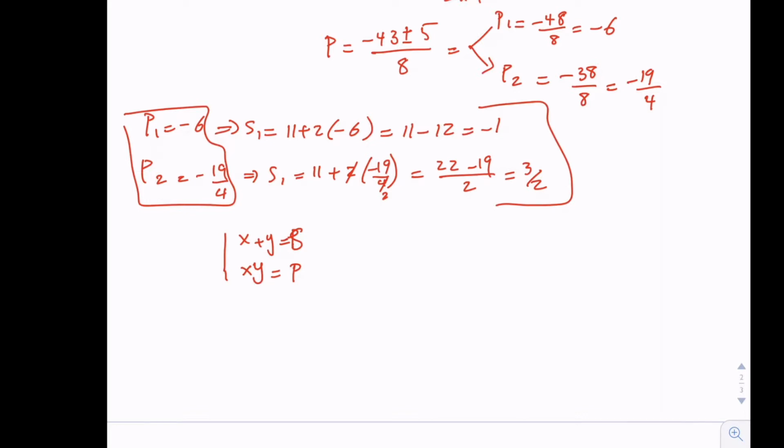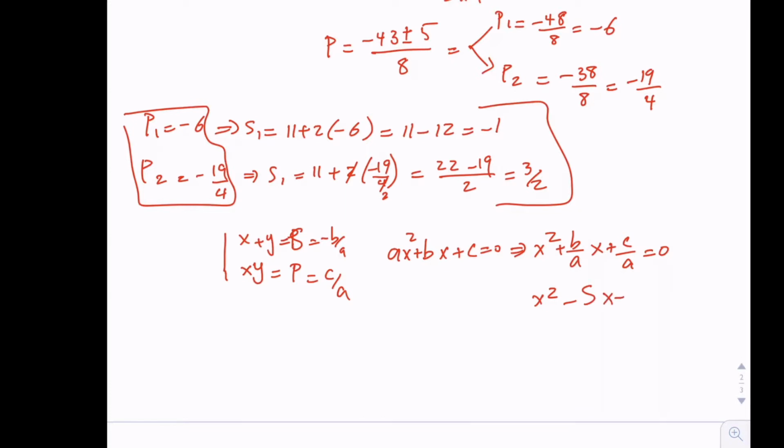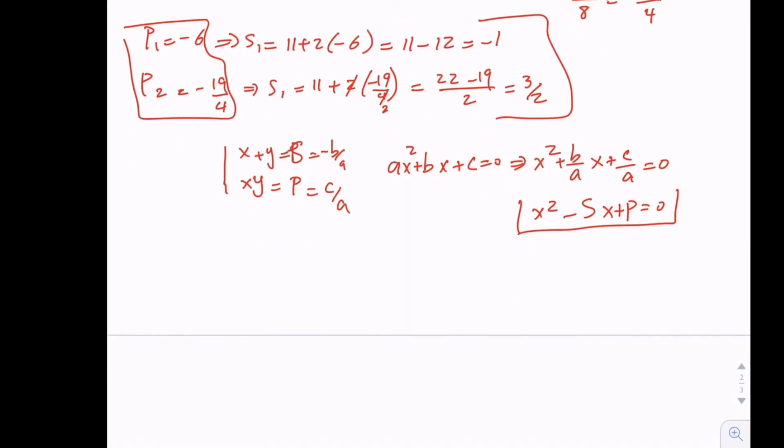So if the equation is ax squared plus bx plus c is 0, if I factor a, we will have x squared plus b over a x plus c over a equals to 0. And we know that s is minus b over a and p is c over a, so x squared minus s x plus p equals to 0 will be our equation. So let's form that equation.